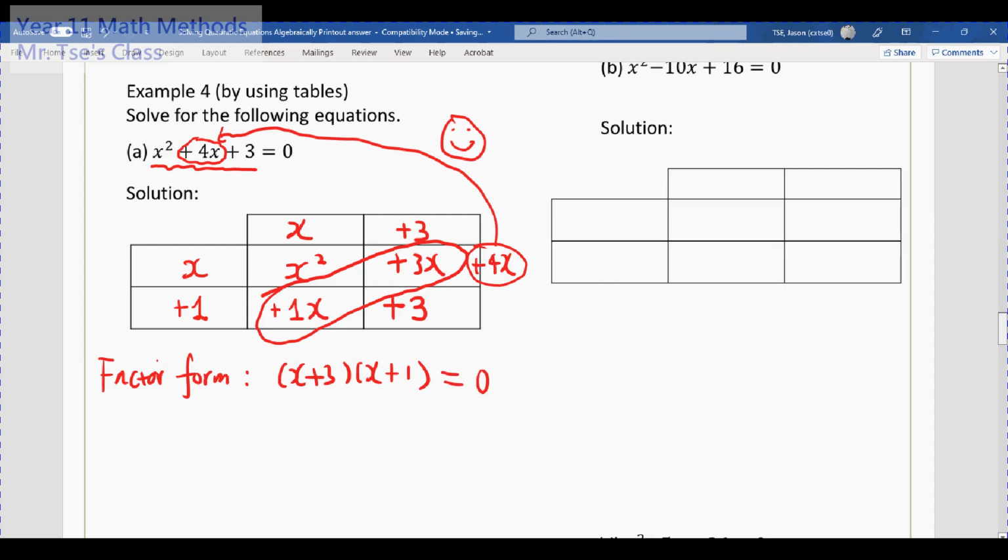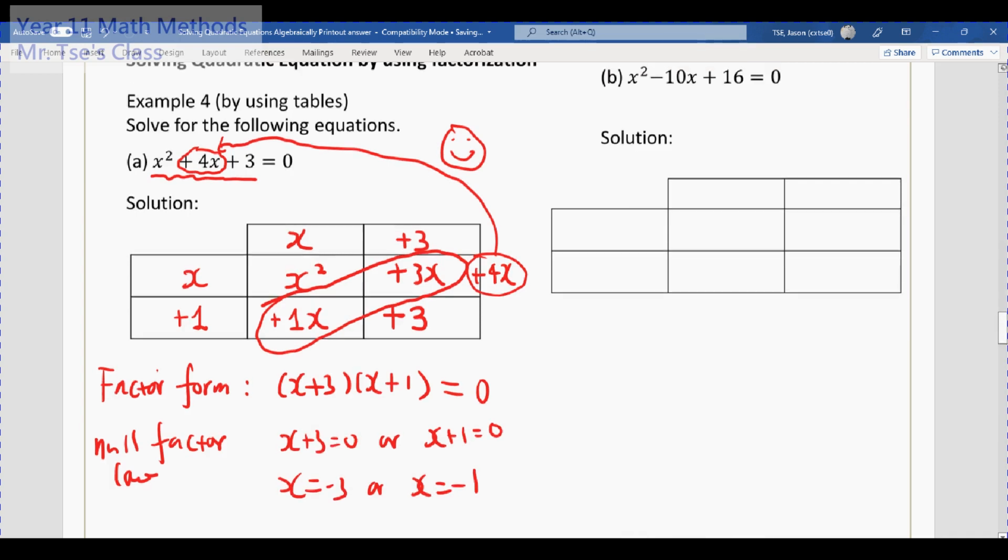So again, you see that now factor law can kick in. So that becomes x plus 3 equals 0, or x plus 1 equals 0. So x equals minus 3, or x equals minus 1. So that's how it works. I hope most of you can still recall from last year's learning. All right, so that's how it works for my first question.